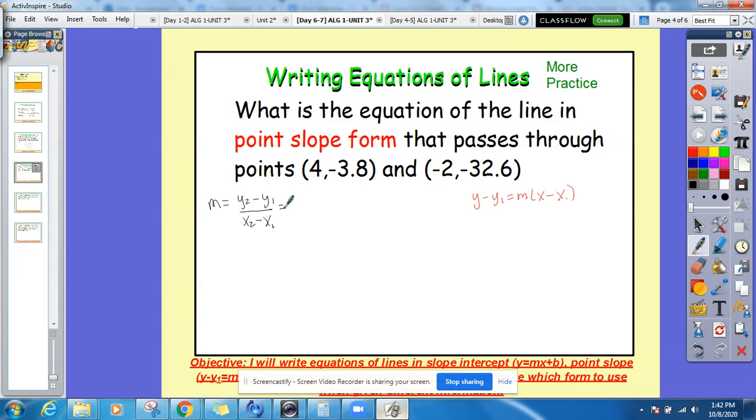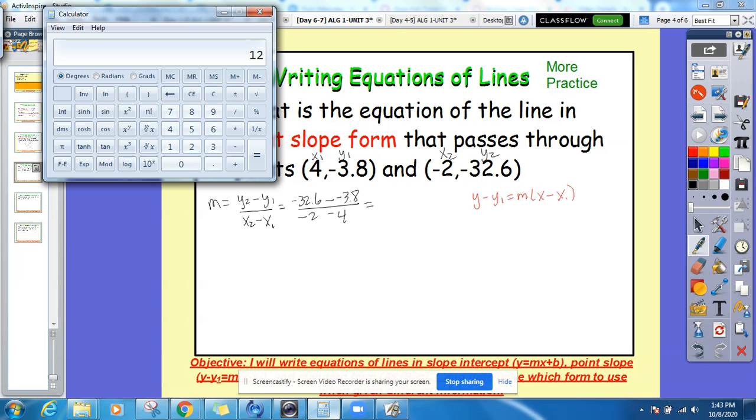So I take my x1 and y1 and my x2 and y2, and I plug them in. Negative 32.6 subtract a negative 3.8 divided by negative 2 subtract 4. Got a lot of negatives, so I'm going to use my calculator.